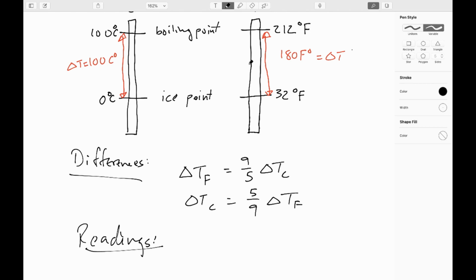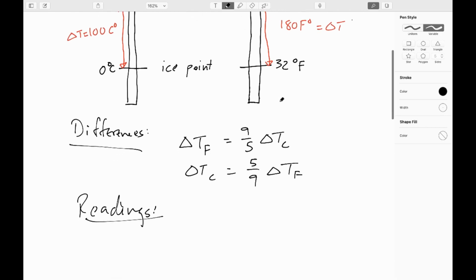You would multiply that by 9/5 to get that there are going to be 90 Fahrenheit degrees above the ice point. But then you're going to have to add 32 to get 122 degrees Fahrenheit, in order to account for the fact that the ice point in the Fahrenheit system is at 32.